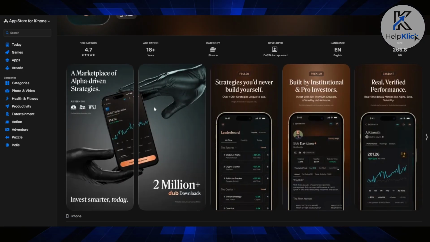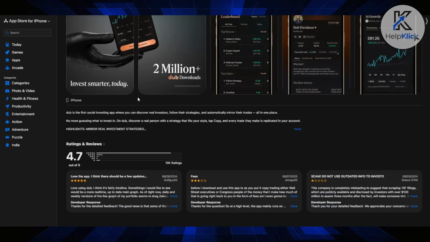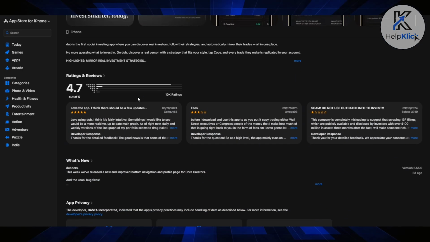Now, on the pricing side, Dub operates on a freemium structure. Basic browsing and some free strategies are available at no cost, while premium features like access to vetted creator portfolios, advanced filters, and copy trading functionality require a paid subscription, commonly cited at around $89.99 a year.